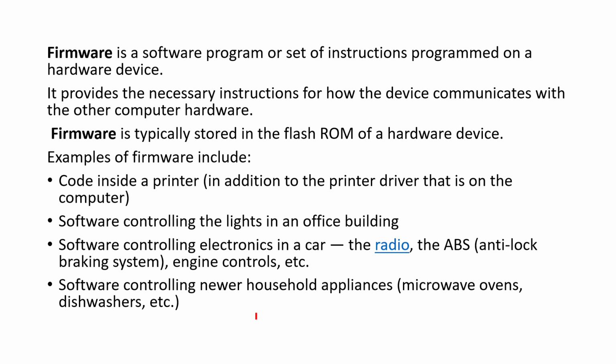In the same way, in cars we use radio and ABS, that is anti-lock braking system, or engine control. All these are firmware. In the same way, the microwave ovens and the dishwasher at your home are also a type of firmware.